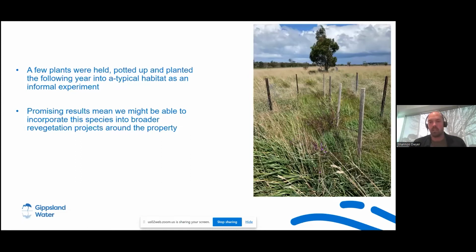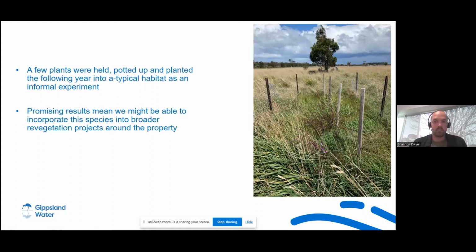So what you can see here is 4 plants that were planted into a wildlife corridor that we've got for another species that we manage, which is the New Holland mouse down at Dutson. We've got a wildlife corridor that we've been doing some revegetation on for quite a while. And so it's a reasonably secure site, but it's dominated by pasture grass and is periodically being revegetated.